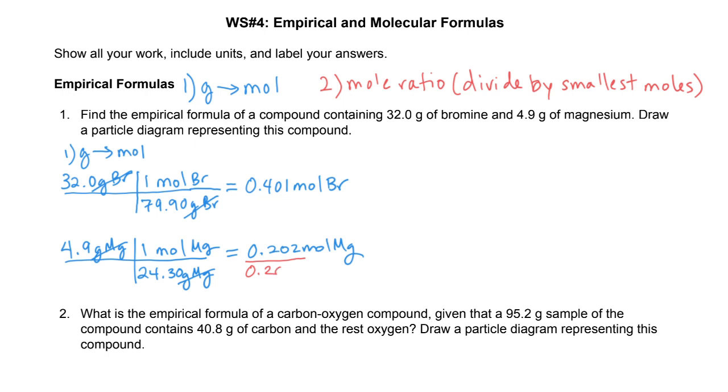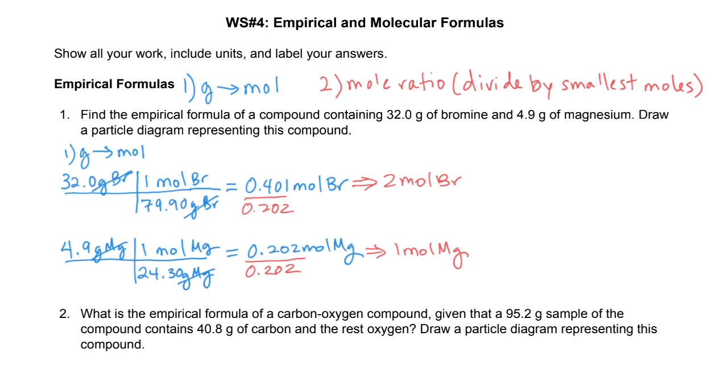When we divide by the smallest moles, that means we set the ratio of the element with the fewest number of atoms to 1, and then we see how many of all the other atoms there are. So we divide both these by 0.202, and that leaves us with a ratio of 1 mole of magnesium, and the smallest one will always end up as 1 since we're dividing by the smallest moles, and it leaves us with a ratio of 2 moles of bromine.